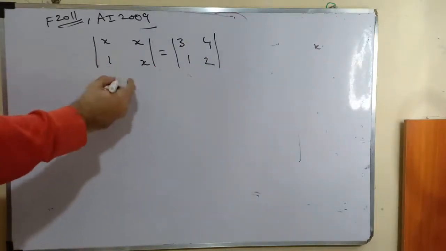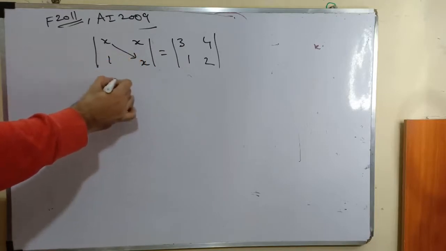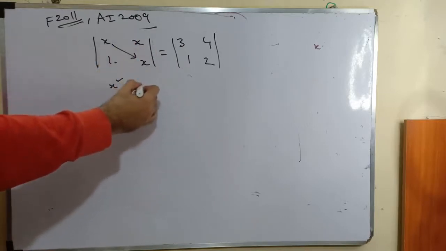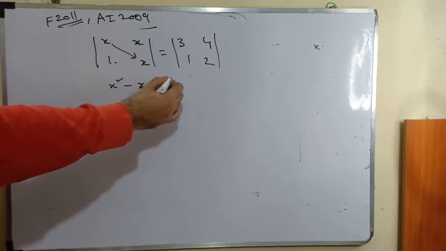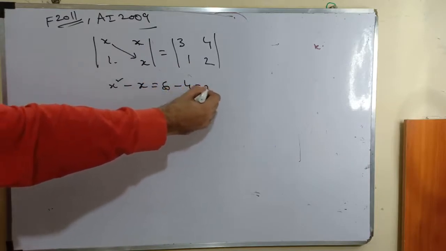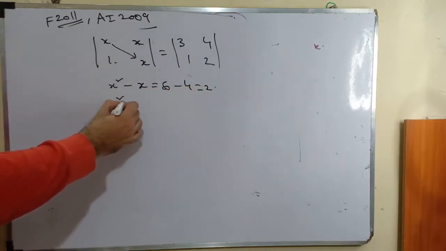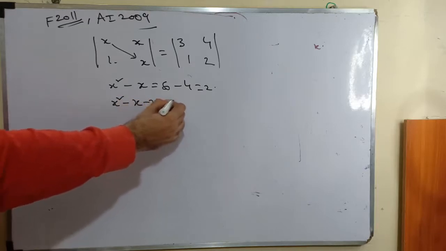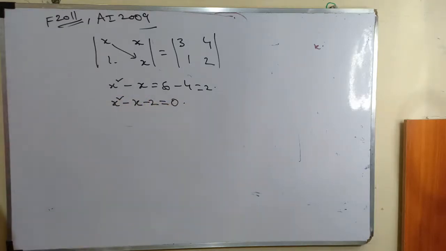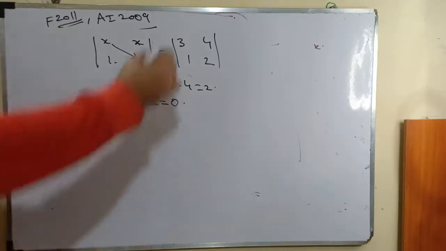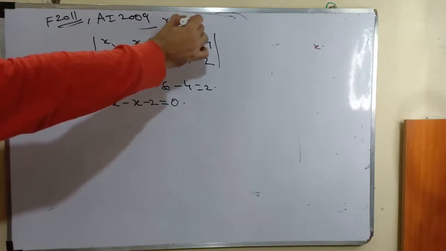It's very easy, x into x is x square minus 1 into x is x, that is equal to 3 times 2 is 6 minus 4, that is 2. So we have a quadratic, x square minus x minus 2 is equal to 0. The quadratic can be solved so easily, and what they asked is the positive value of x, positive value only.